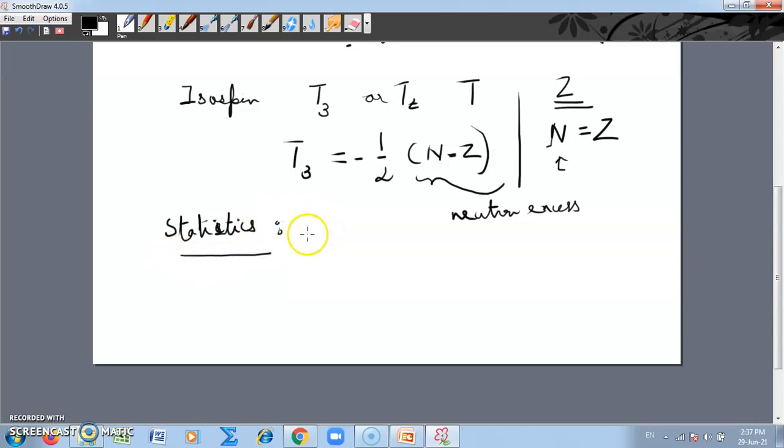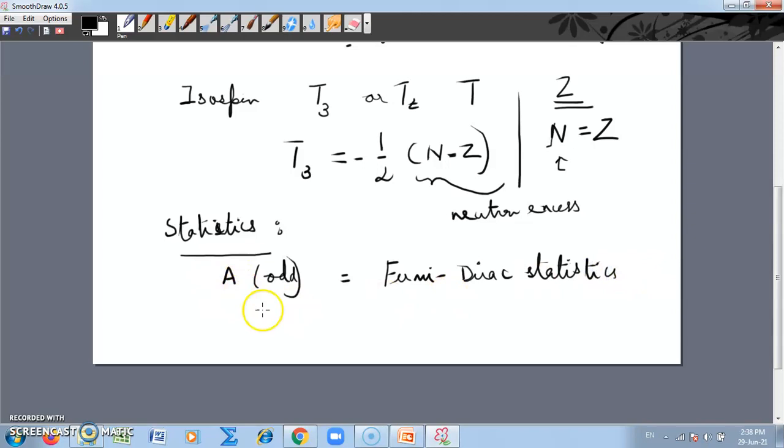Now in case of the whole nucleus, it depends upon A. For odd A, we find that the nucleus obeys Fermi-Dirac statistics, which is quite obvious because if A is odd, that means A is equal to 2n plus 1, and since all nucleons have a spin of half, you multiply by half.